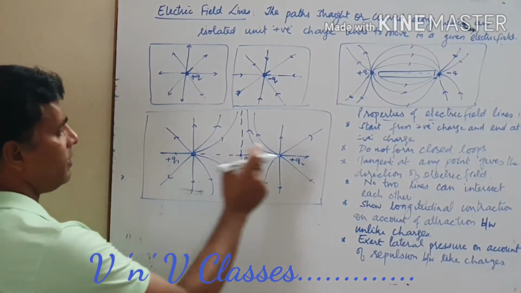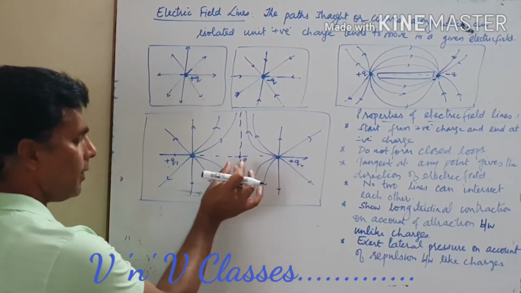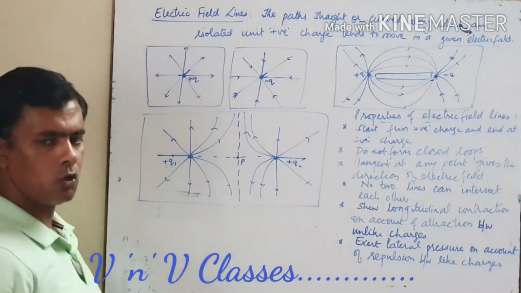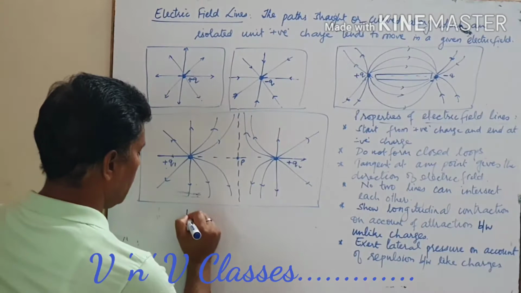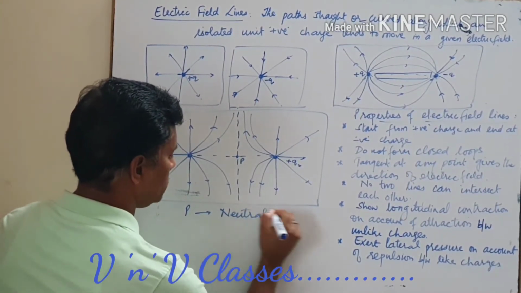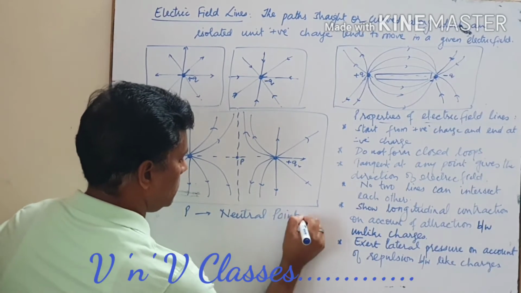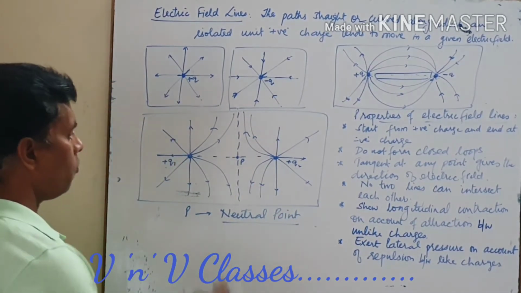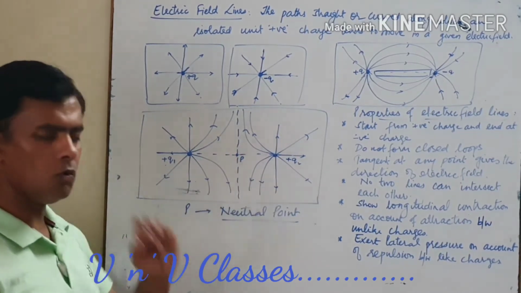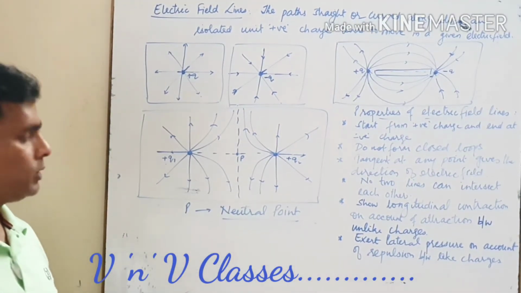If it is a positive test charge, both are repelling the positive charge. So the net field at point P comes out to be 0. So point P is referred to as a neutral point, the point where the net field because of the presence of q1 and q2 comes out to be 0.